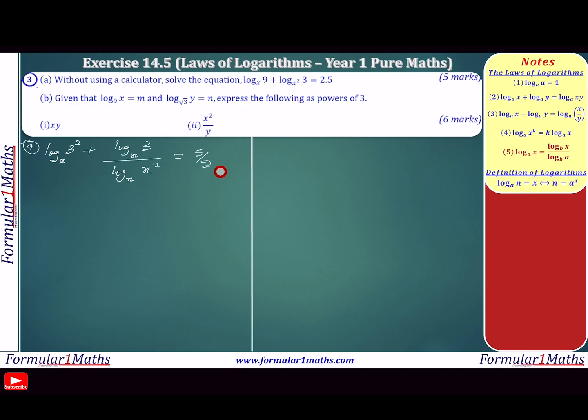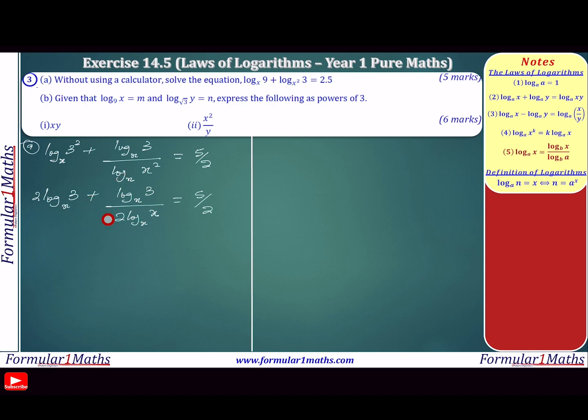I can use the power rule to change both this term and the denominator here as follows. Log to base x of 3 times 2 plus log to base x of 3 divided by 2 log to base x of x, and that is 5 over 2.